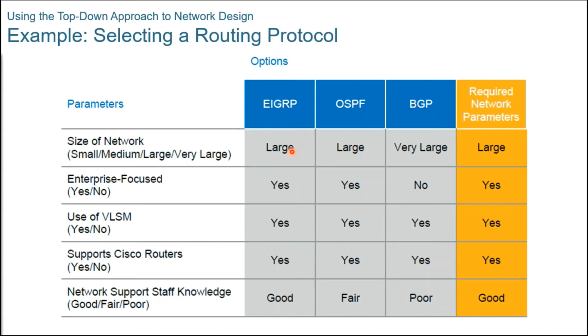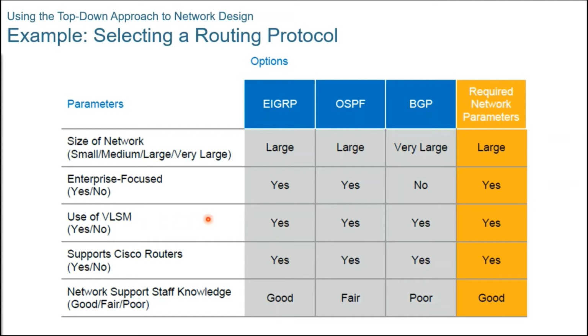Next, it must be enterprise focused rather than internet service provider focused. So BGP was designed to support interconnecting networks for autonomous systems. It is not optimized for use in the enterprise. ISIS is typically deployed in service provider environments rather than enterprises. Next, support for variable length subnet mask, or VLSM, is required.